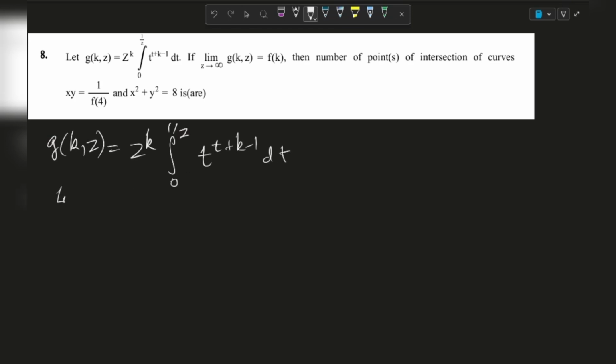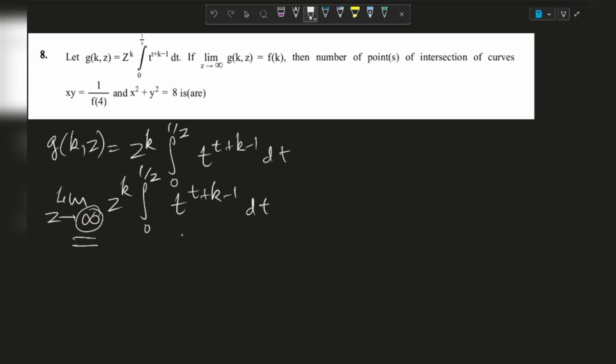Now I am putting this in the limit itself because that's our final expression we have to find. This is limit z tends to infinity z power k integral 0 to 1 by z of t power t plus k minus 1 dt. I did this in one of my previous videos: infinity is some limit that we don't want to mingle with if there is some suitable condition present.